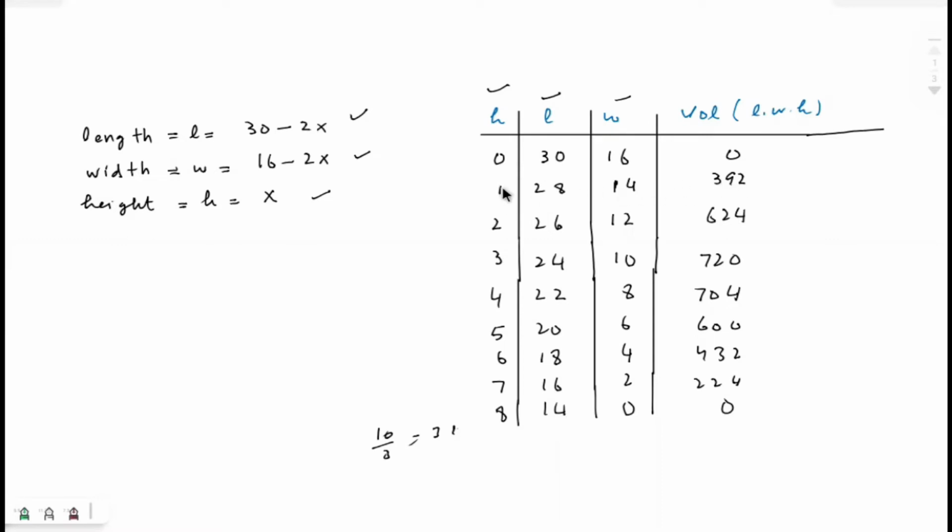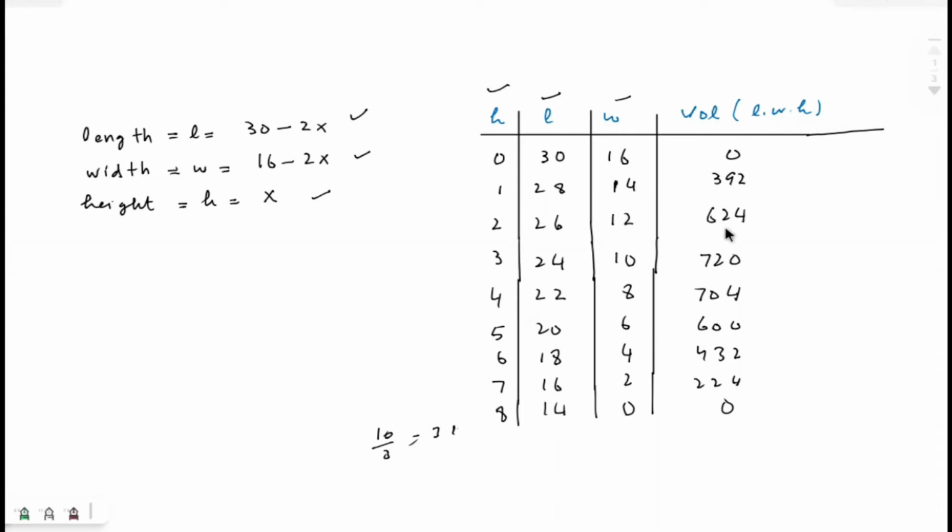So if we keep increasing x or the value of h by 1, we see that the length and width would be decreasing by 2 each time. So when x is 2 or height is 2, the length would be 2 less than the previous one, so it's 26, and width would be again 2 less from the previous width, which is 12 now.